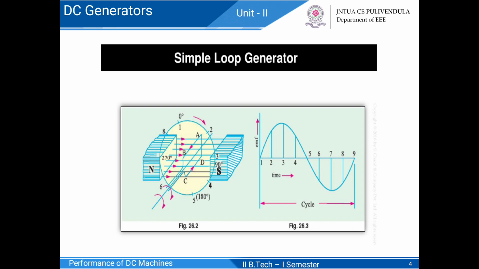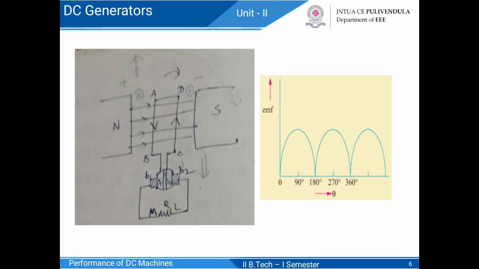Hence maximum EMF is induced in the coil when the coil comes to position 3. Next, in the next quadrature of revolution, that is from 90 degrees to 180 degrees, the induced EMF varies from maximum to 0 gradually. During this half revolution, the flow of current is along ABCD.